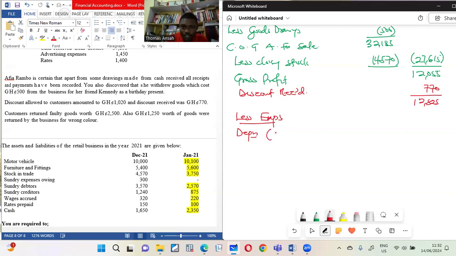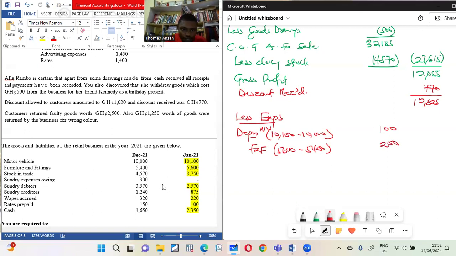So that is 10,100 minus 10,000, giving us 100. Then we have the F and F. That one was 5,600 and it is now 5,400. That is depreciation of 200.